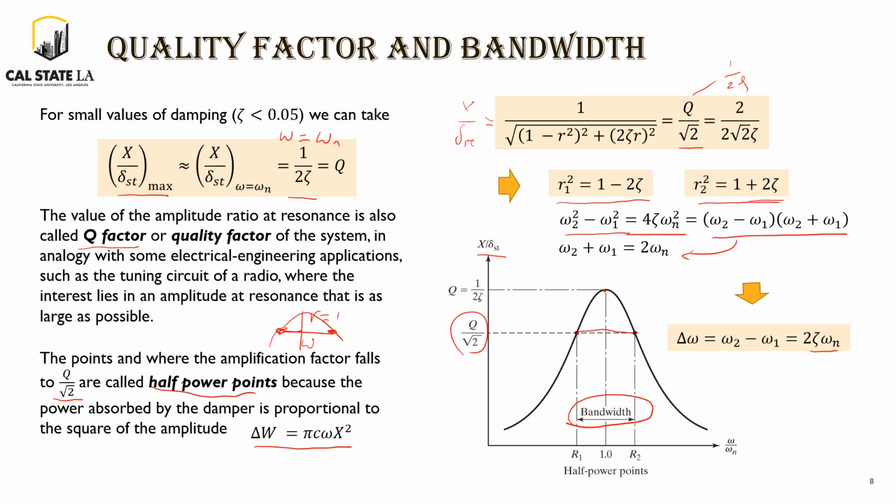One point represents omega 1, and the other represents omega 2. The difference between the frequencies is equal to 2 zeta times omega n. So 2 zeta times omega n is the bandwidth. Basically it tells us what range of frequencies will be allowed to pass through the system.